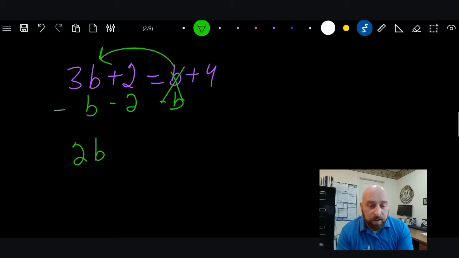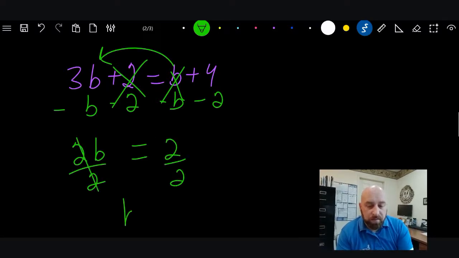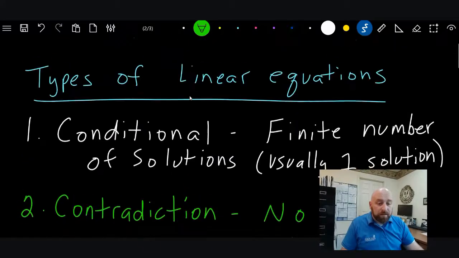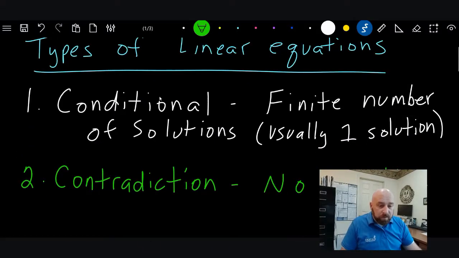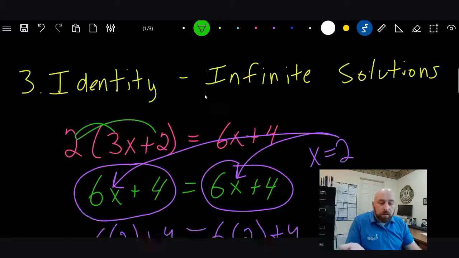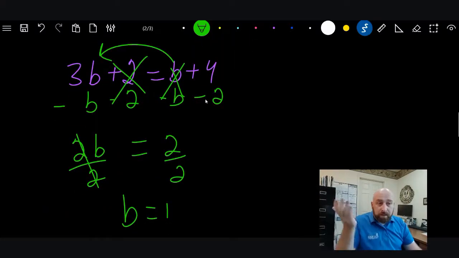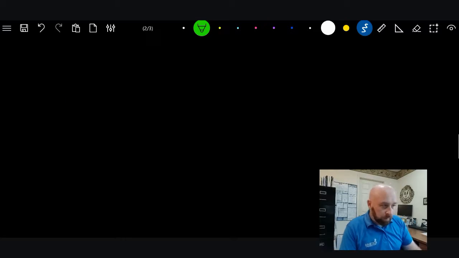And then if we do minus 2, that's going to cancel, equals 2. And then we divide both sides by 2. I know I'm going fast here, but you should know how to do this. b equals 1. That's conditional. Why is that conditional? Because we got one answer. Look up here. Finite number of solutions, usually one solution. So we got one solution, b equals 1. That's it.